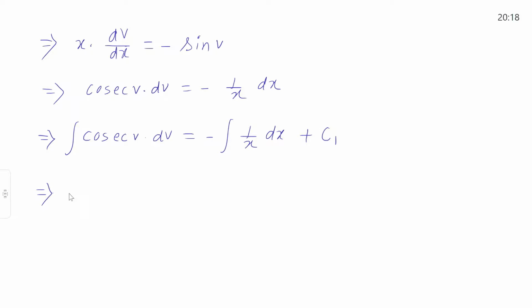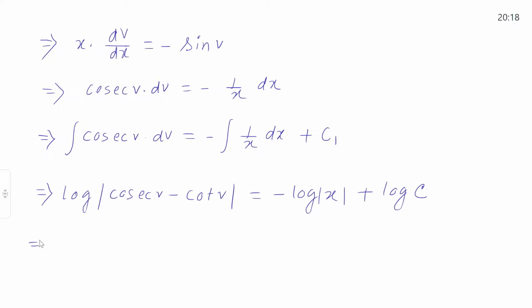This implies the cosec integral is log of cosec v minus cot v, equal to minus log of x, modulus is optional, plus, since both are logarithms, log c in place of c1. So log of cosec v minus cot v is equal to log of c/x.